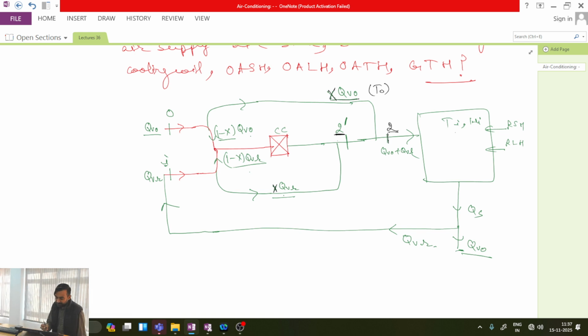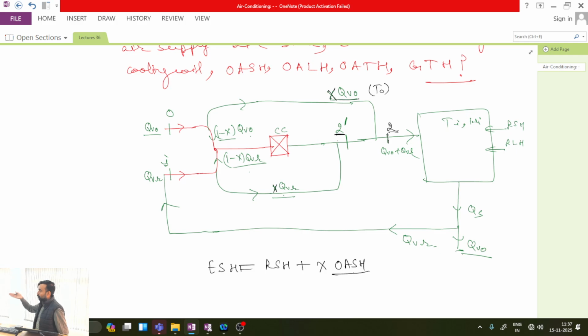So that's why we define effective room sensible heat as equal to room sensible heat plus x times OASH, because x times OASH is, because of the system design, simply entering into the system. So it is effectively causing additional load on the cooling coil. Is this point clear?